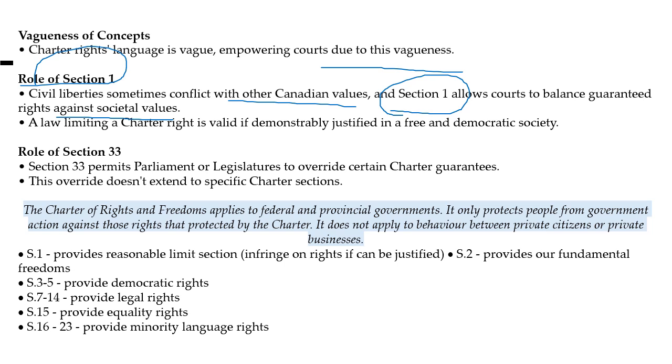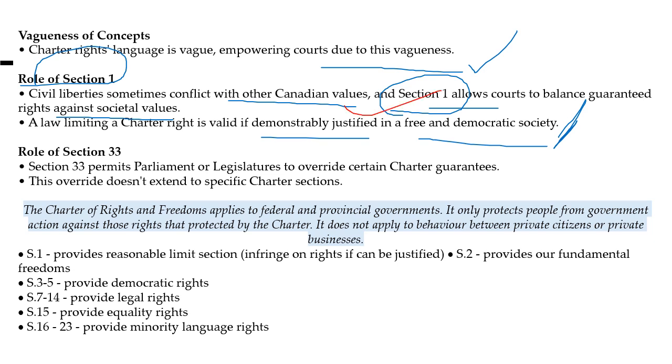Wherever it is justified to interfere in someone's freedom, section 1 has to be brought into the picture, and it will say whether a particular action of a government is reasonable, justified or not. A law limiting a Charter right is valid if it is demonstrably justified in a free and democratic society. This is exactly what section 1 says.